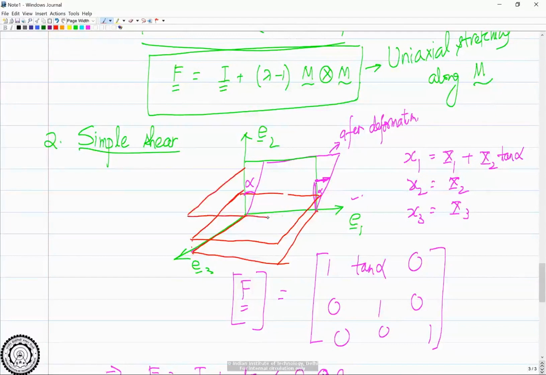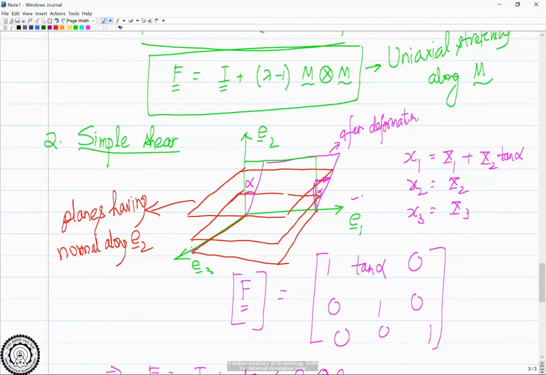You have another plane over here. So these are all planes having normal along E2, isn't it? And you see, it is these planes which are undergoing shear.